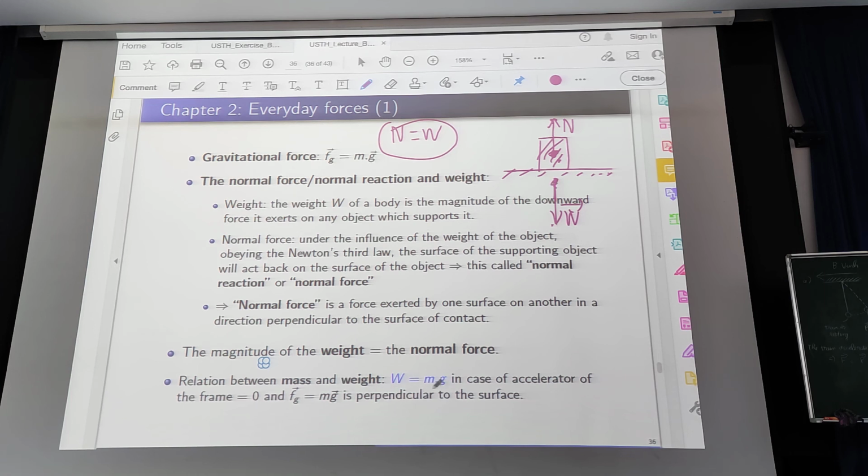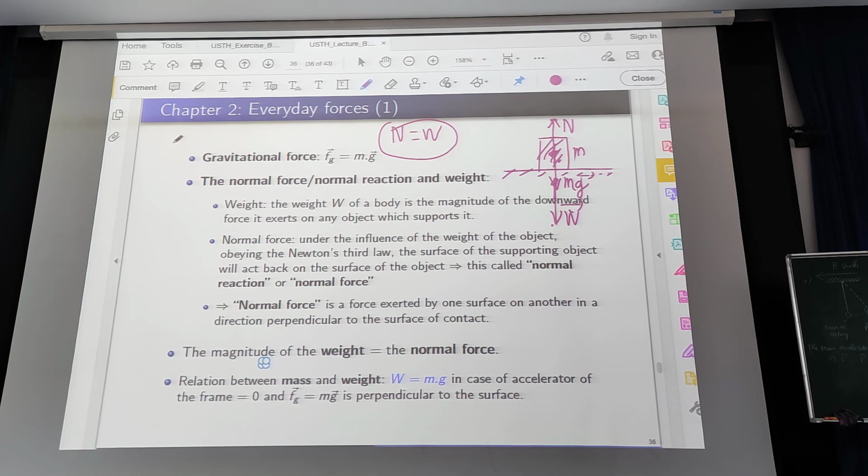Relation between the mass and the weight. In this case, we analyze the forces acting on an object having mass m. It has two forces acting on it, mg and the normal contact force, and it is at rest in equilibrium. Agree?